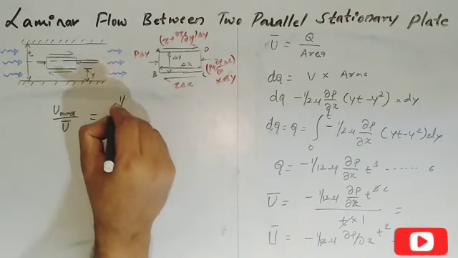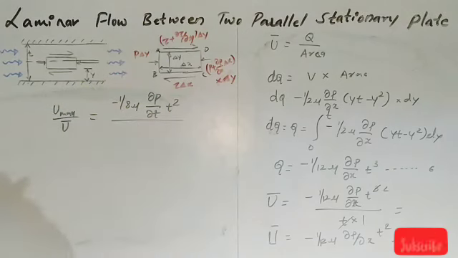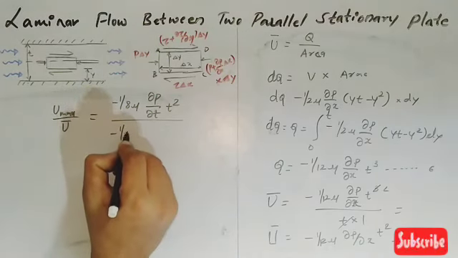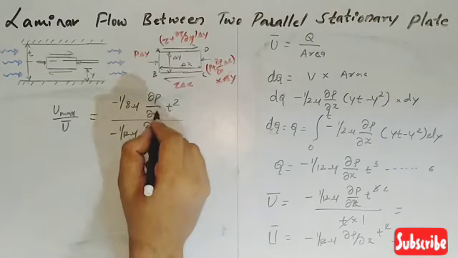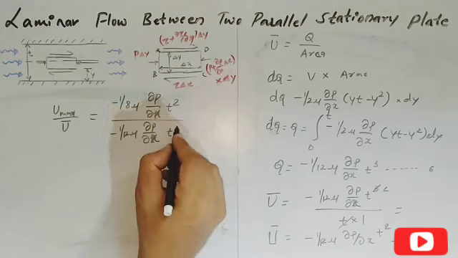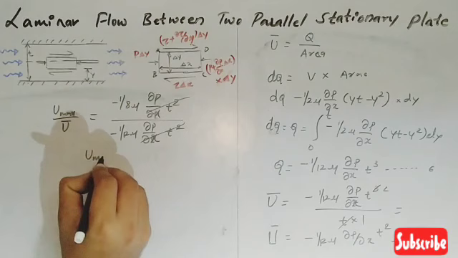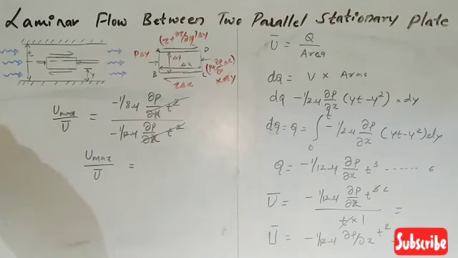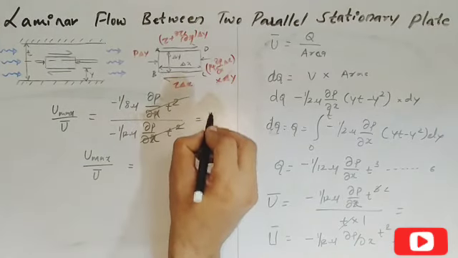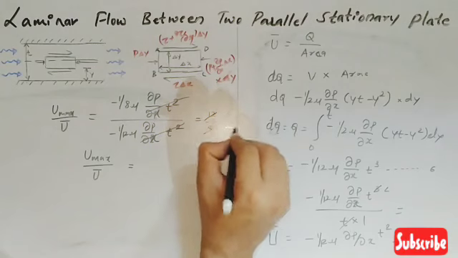We know that maximum velocity is 1 by 8 mu dou p by dou x into t square, divided by the average velocity we have calculated, 1 by 12 mu dou p by dou x into t square. So u max by u bar, that is my ratio of maximum velocity to average velocity, will be equals to 3 by 2.